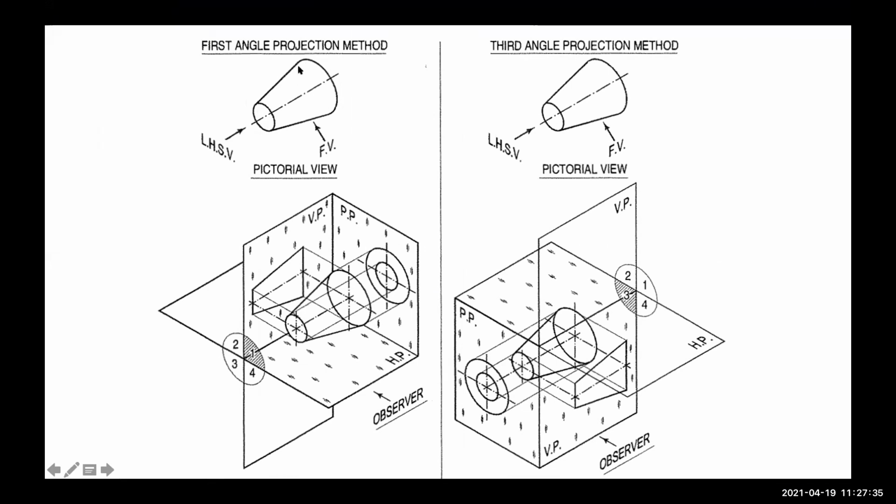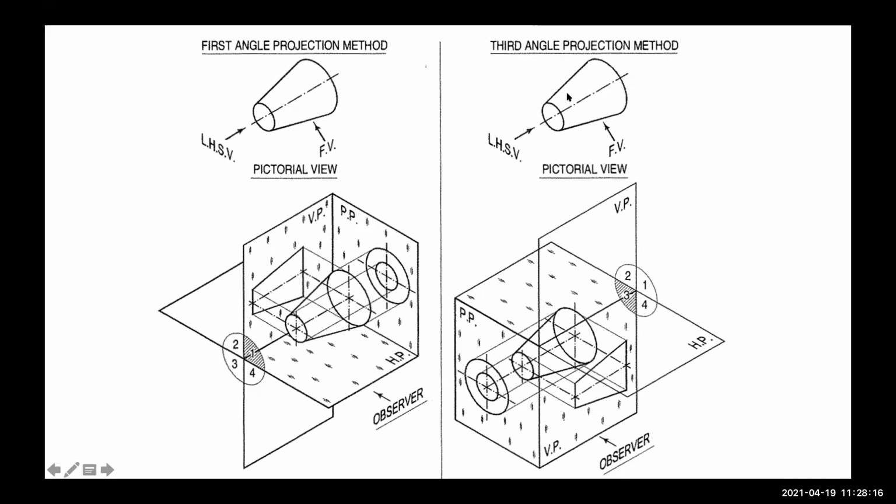When this object is placed in the first quadrant, this is your front view projection, whereas its left hand side view, LHSV, will go to the right hand side of your front view. So that's why we represent this symbol. This is the symbol for your first angle projection method.